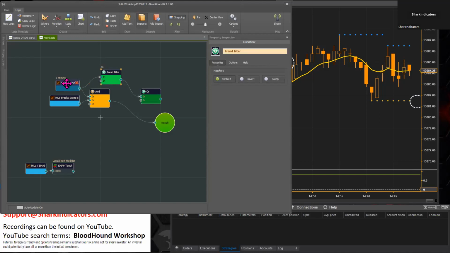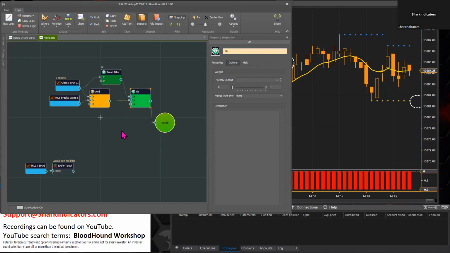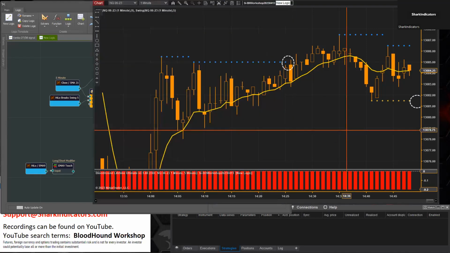So we can look at this close versus the SMA there. And because we don't want this to be a signal, we just want to see kind of the output here of what the trend filter is. So if I connect that together, there we go.